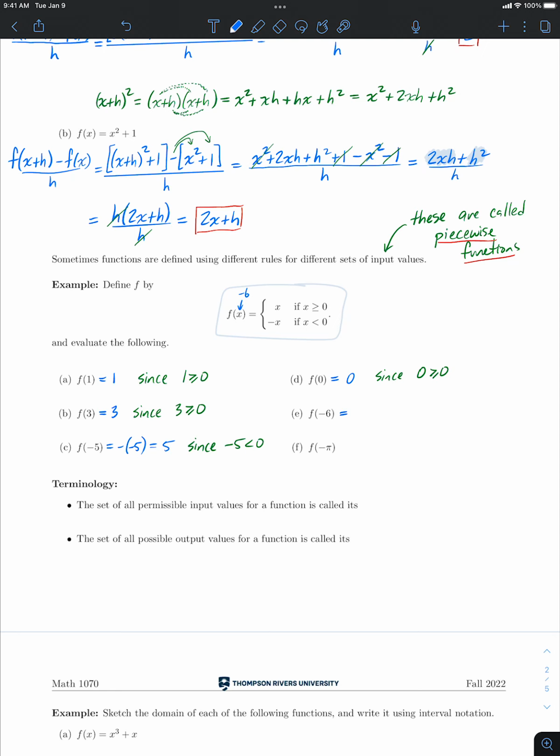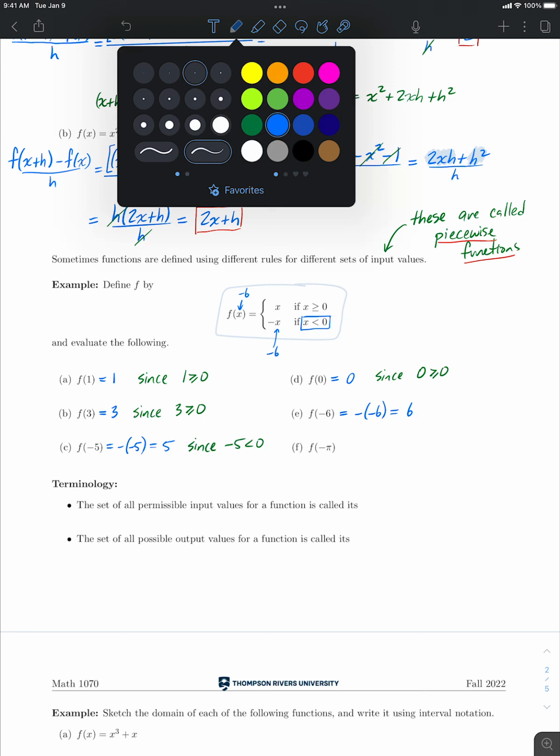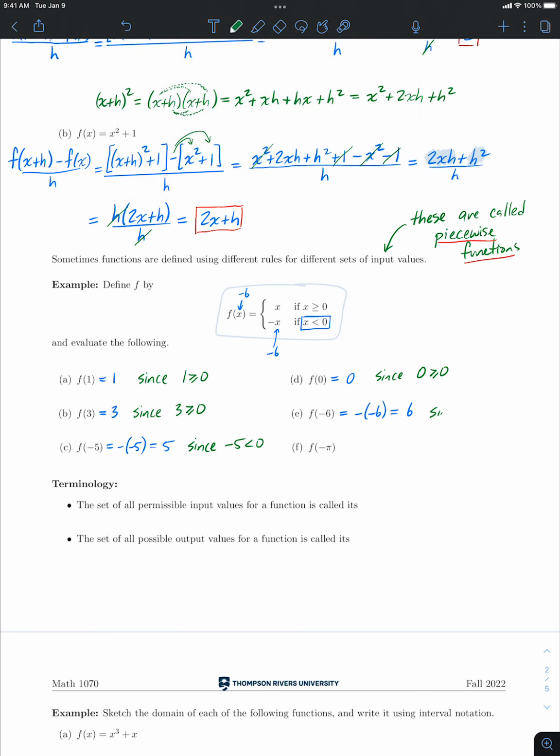Plug in negative 6, and you're going to find that this is the statement that's true now, when x is equal to negative 6. And for that reason, you're going to plug negative 6 in for x. But this extra negative sign in front is going to be important. So we're going to have negative 6, and that gives us a double negative, which is going to give us positive 6. And again, that's because negative 6 is less than 0.